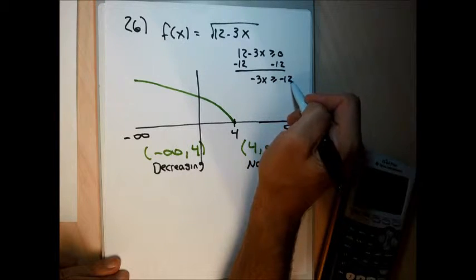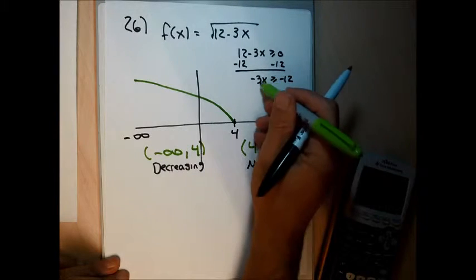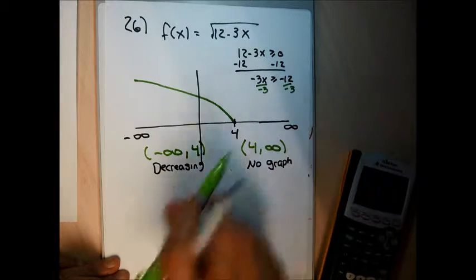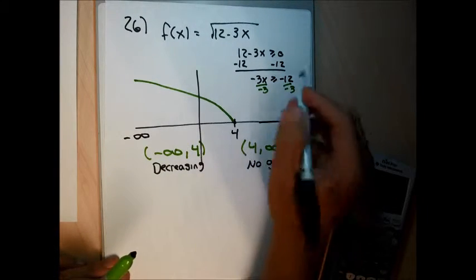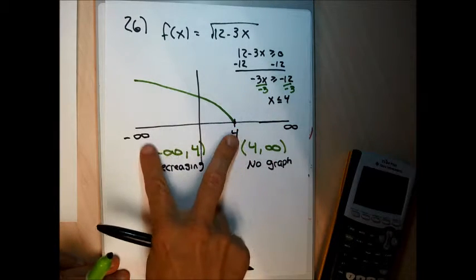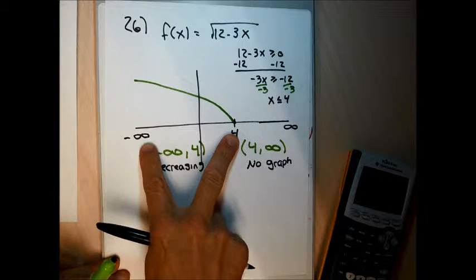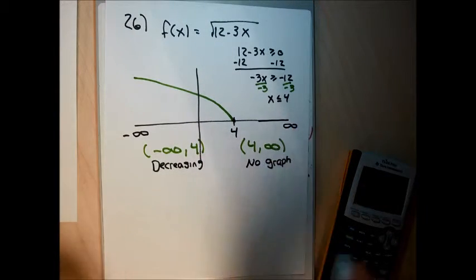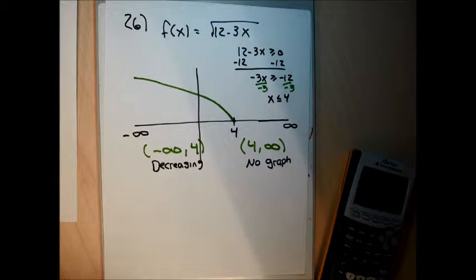That would give me minus 3x is greater than or equal to negative 12. And then I divide by negative 3. When you divide by a negative, you flip the direction of the inequality. And this would give me the domain as x is less than or equal to 4, which is exactly what this shows me, that the graph exists only to the left of x equal to 4. It doesn't exist to the right of x equal to 4. So square roots have kind of half graphs in some sense.